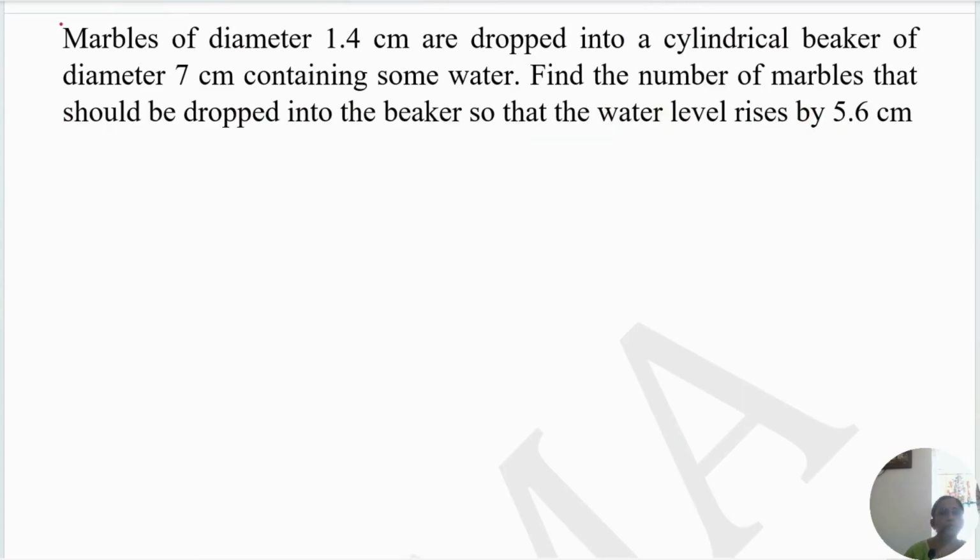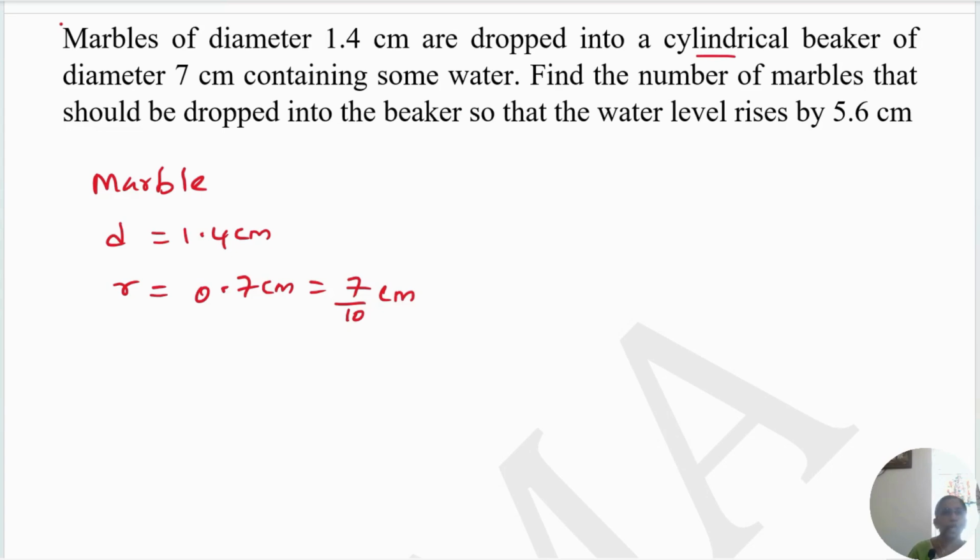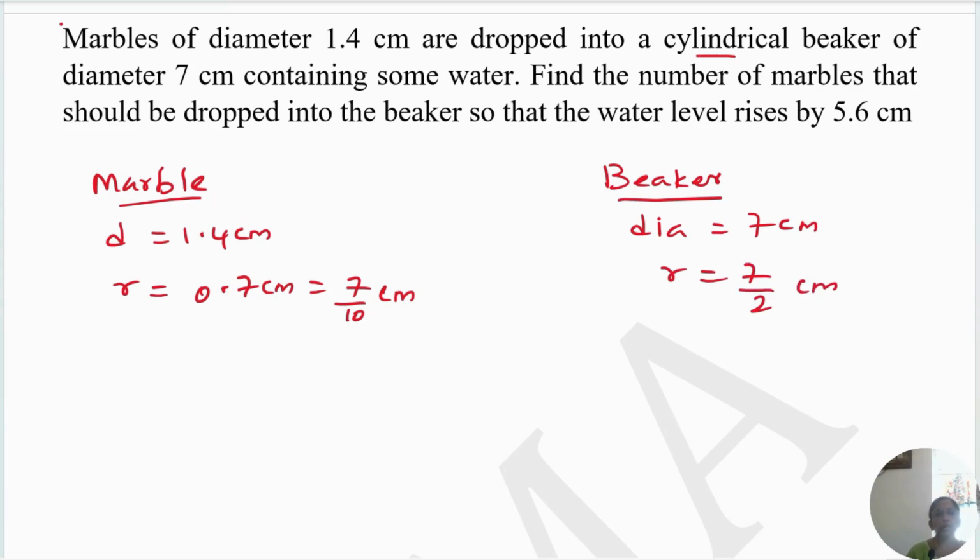Look at this problem. Marbles of the diameter 1.4 centimeter. Diameter is 1.4, so radius is equal to 0.7 centimeter. Then this can be 7 by 10 centimeter. Marbles are dropped into a cylindrical beaker of diameter 7 centimeter, so radius is 7 by 2 centimeter, containing some water.